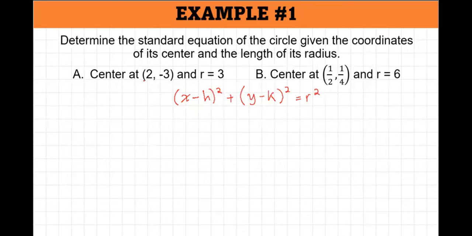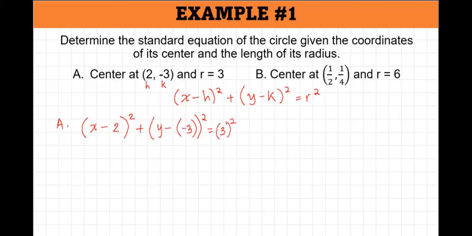Since ito yung ating h, ito yung si k, ito yung value for r, for letter A, this is simply going to be quantity x minus 2 squared plus y minus negative 3 squared equal to r squared. So that would be 3 squared.